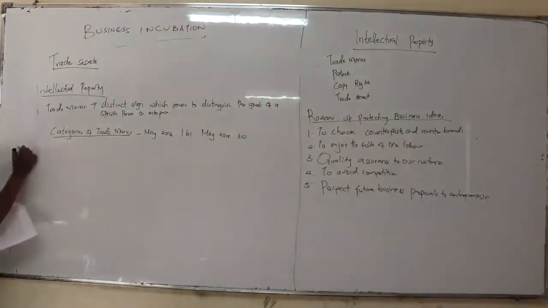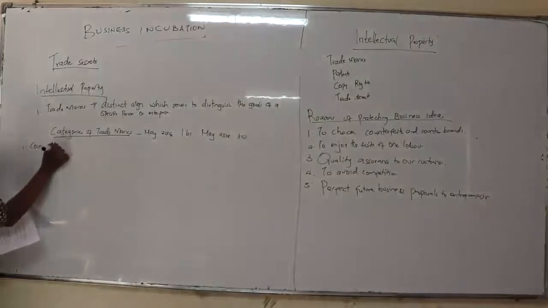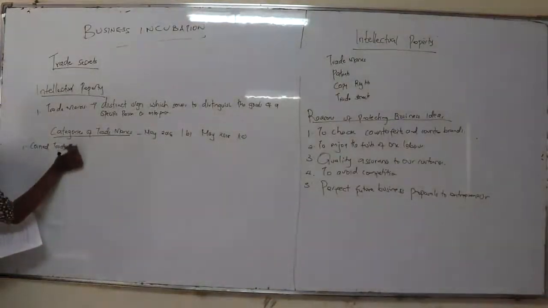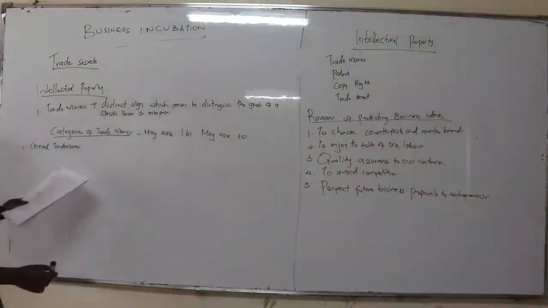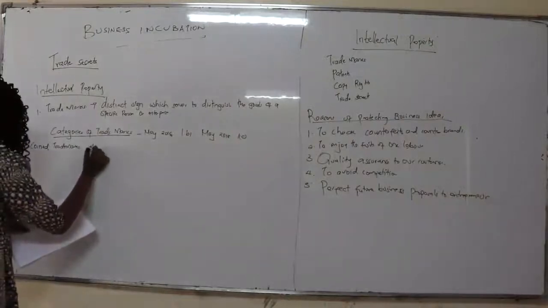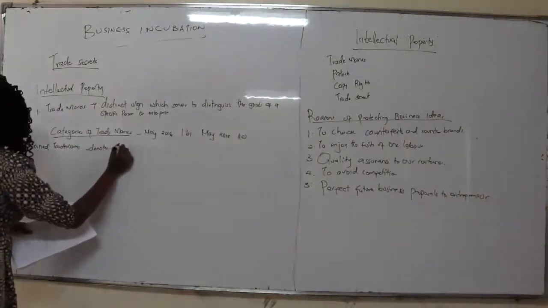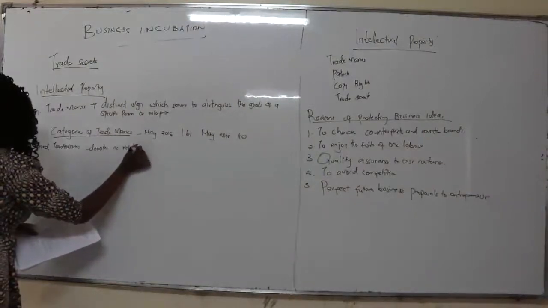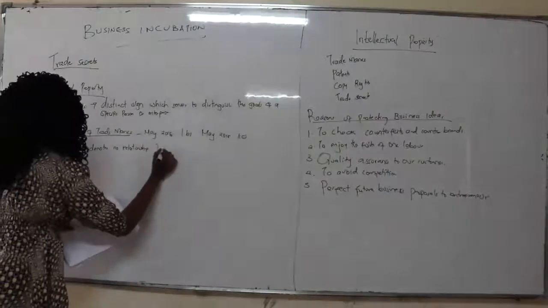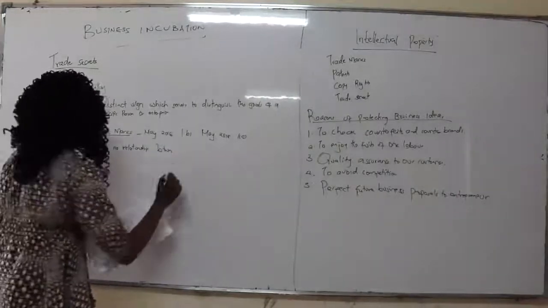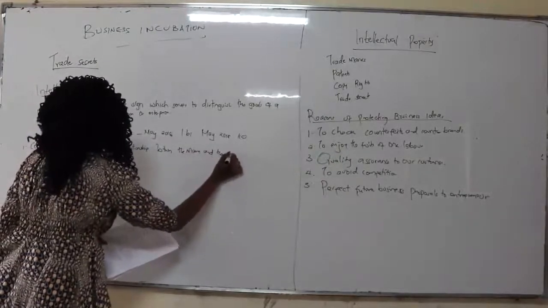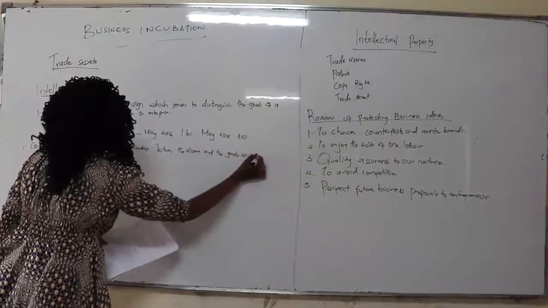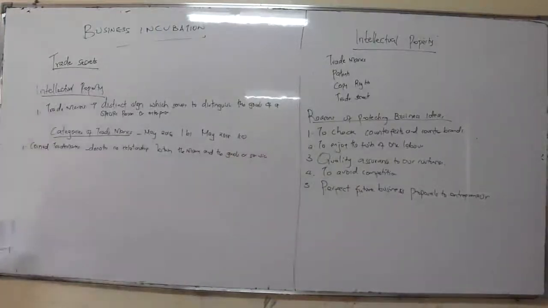The first one is the coined trademarks. For coined trademarks, it denotes no relationship between the mark and the goods or services.